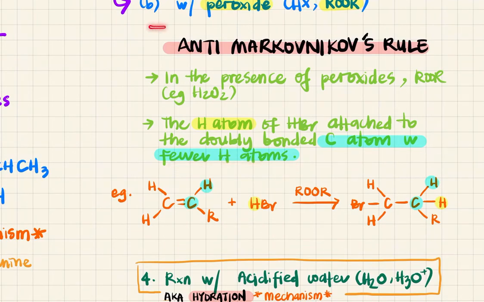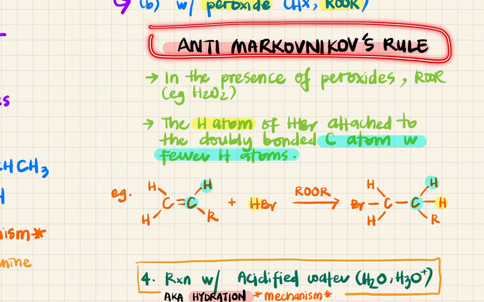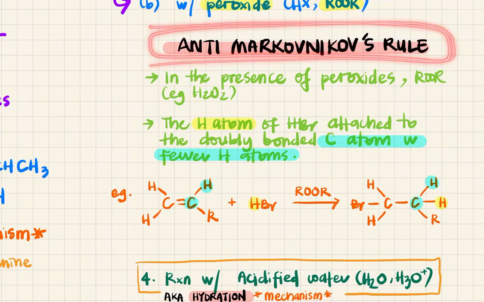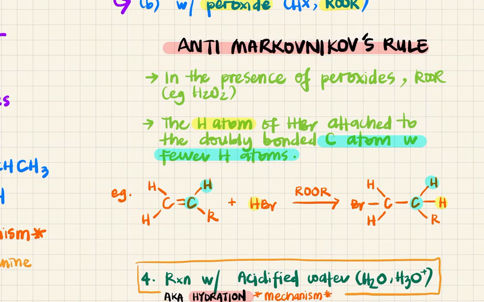So you will use anti-Markovnikov when you have your peroxide ROOR. So bila nampak je ni, awak kena tahu yang awak tak guna Markovnikov tapi anti-Markovnikov, dia terbalik. So instead of hydrogen dia pergi dekat carbon yang ada banyak hydrogen, yang banyak family dia pergi dekat lagi satu yang kurang.